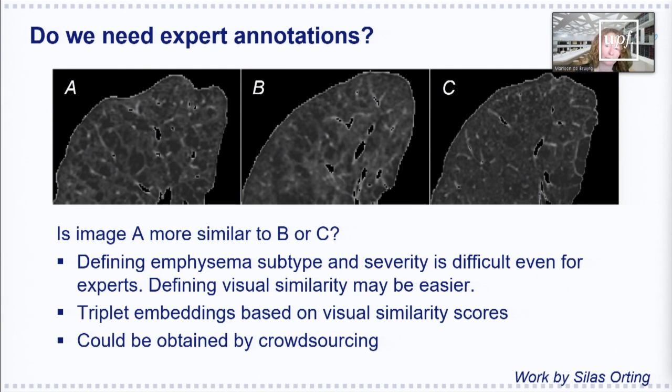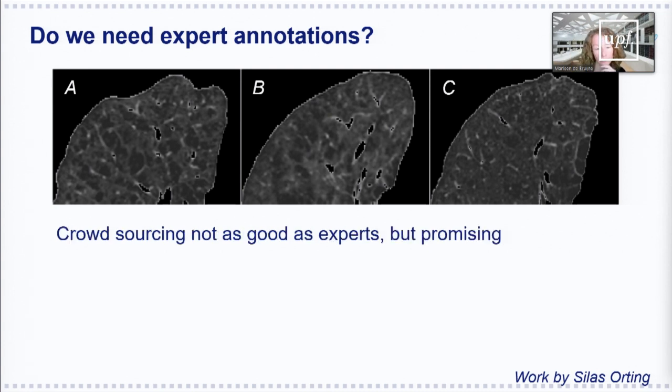So we have non-expert observers indicate which of these images are similar, and then learn a triplet embedding based on these visual similarity scores. Such an embedding was found to be useful for emphysema detection.